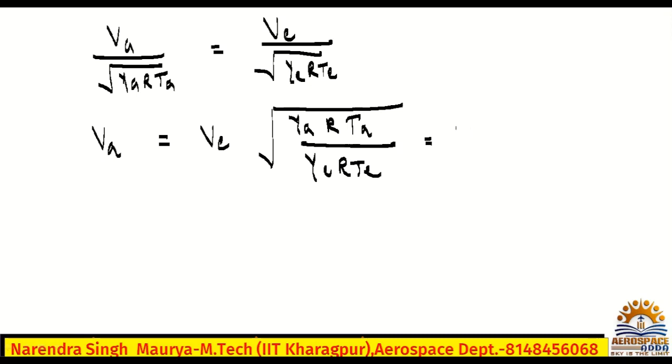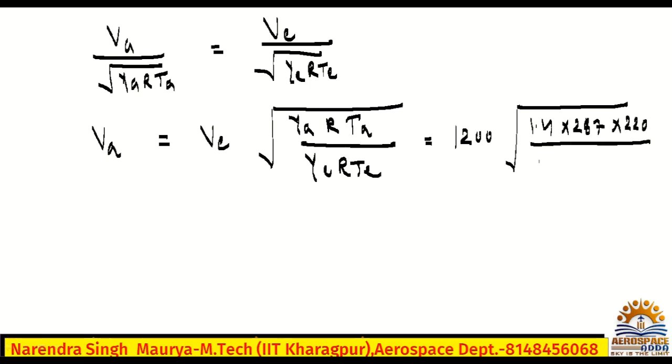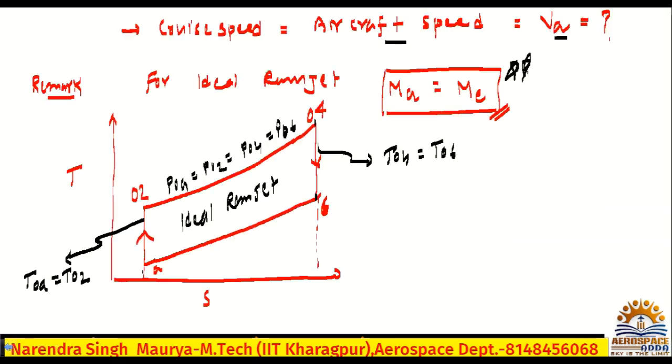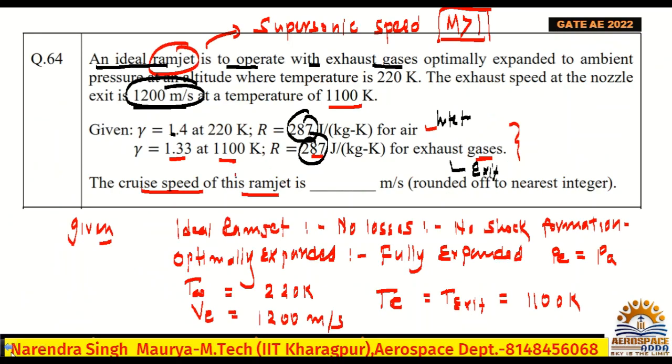So 1200 exit velocity. Then gamma for air 1.4, 287, temperature is 220. What is the exit gamma? It is 1.33, 287 into temperature. What is the temperature? 1100 Kelvin.